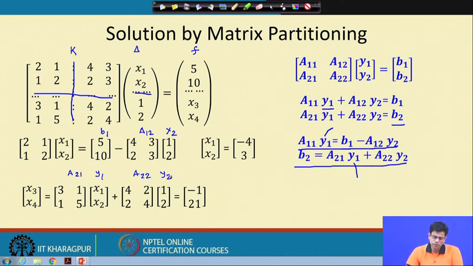We substitute the known x1 and x2 from the previous equation into this equation, and then do the matrix multiplication to find the unknown force vector.